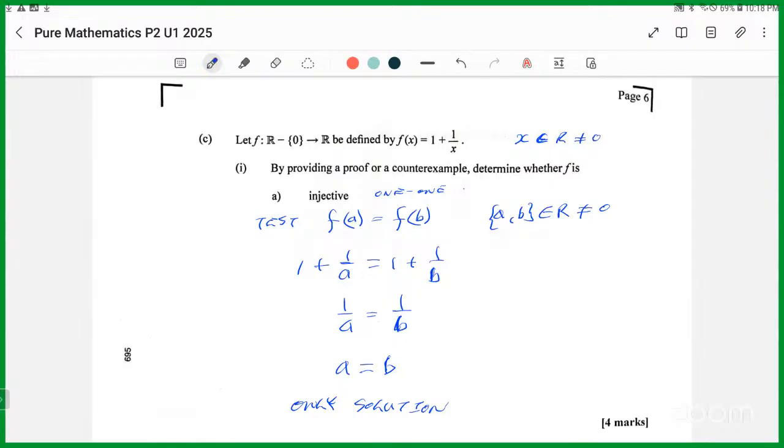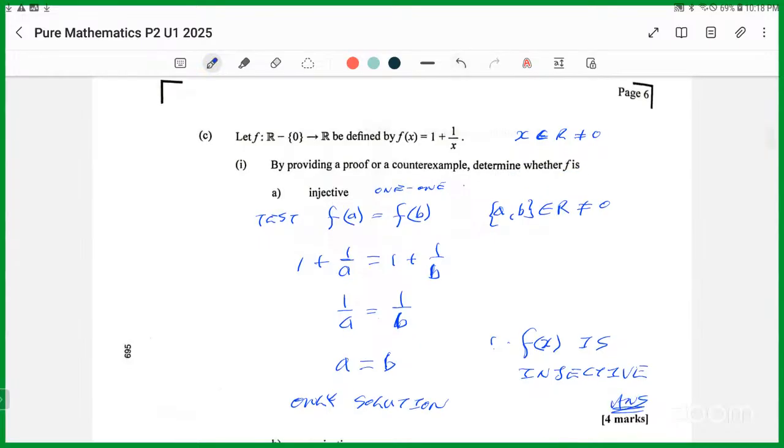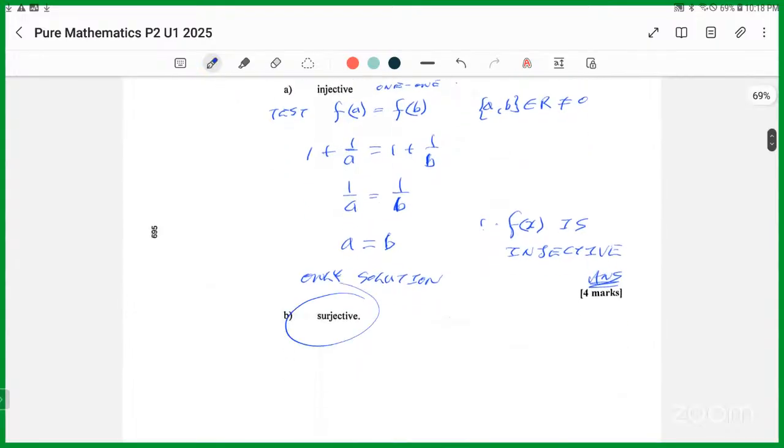Which means that f of x is injective. That's the answer. Determine whether it is injective or not. This is the answer right here. 4 marks for that. Surjective. Yes, if it is surjective.